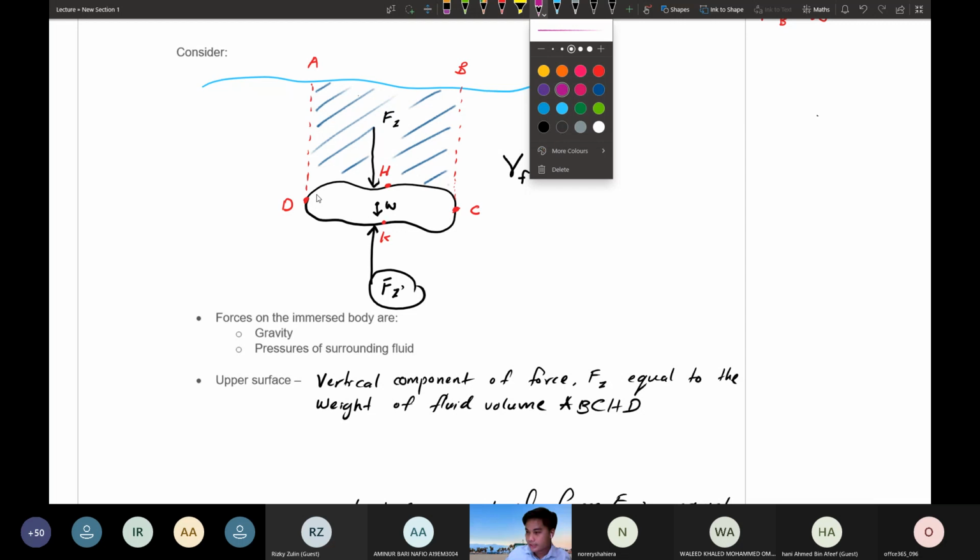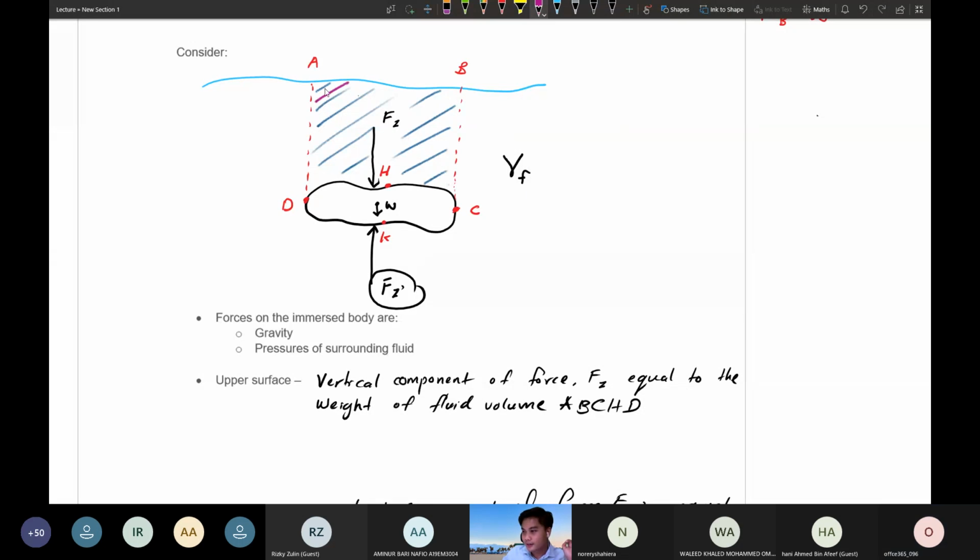Basically, consider this is a fluid as well. Which fluid point is involved? In order to get Fz prime, equal to A, B, C, K, D. Yes, perfect. From A, the whole of this.